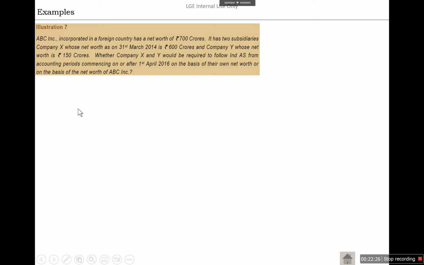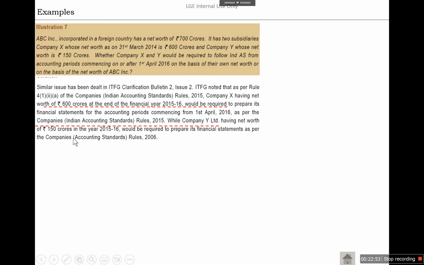So the question here is whether the Indian subsidiary companies, those having a foreign parent, will be required to follow the Ind AS. If we check, X's net worth is more than 500 crores, so it will be required to follow the Ind AS, but ABC will not be required to follow the Ind AS, although the net worth is more than 700 crore, because it is not an Indian company.